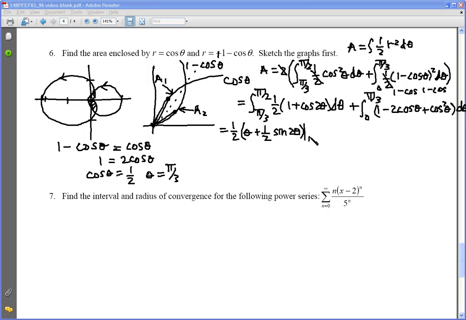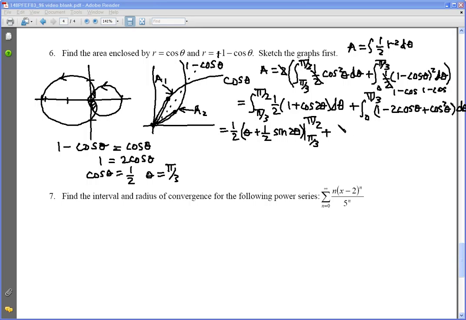And we are going from pi over 3 to pi over 2. And then plus, we got a little bit more work over here because this guy we need to change into another 1/2 times 1 plus cosine 2 theta.